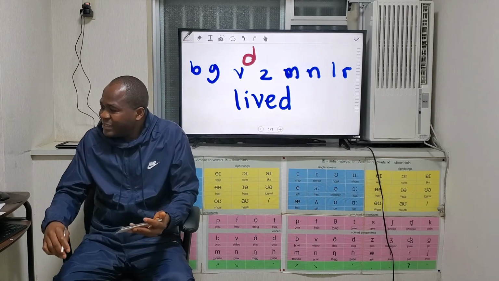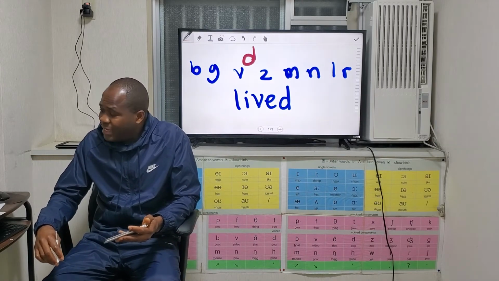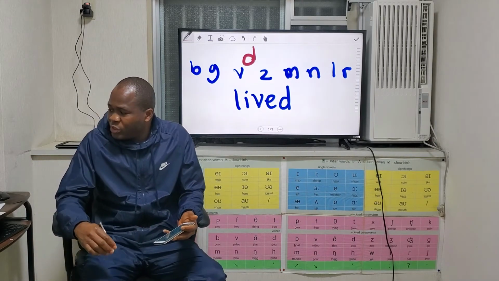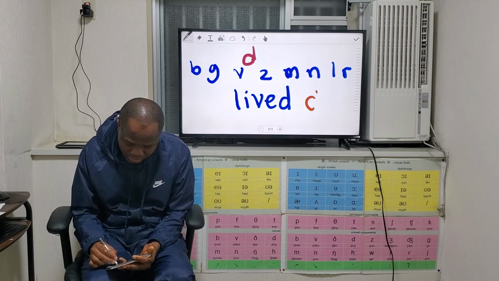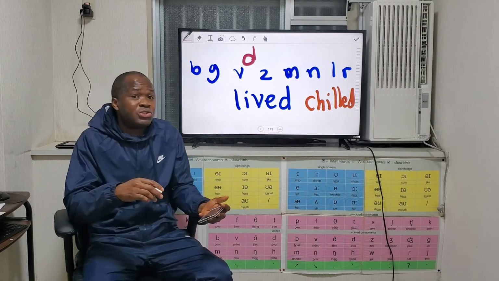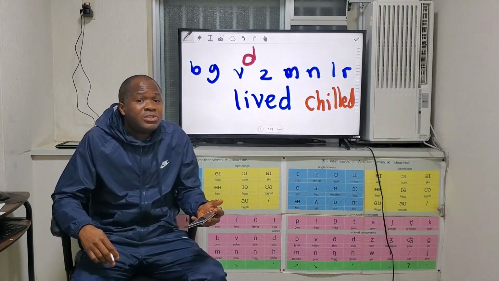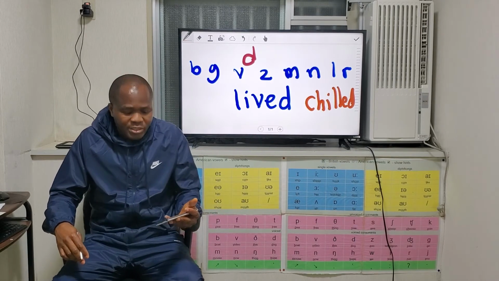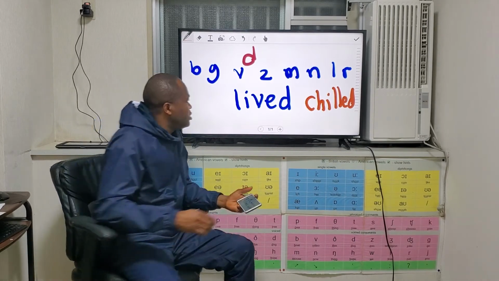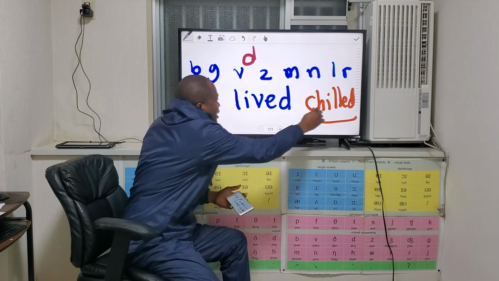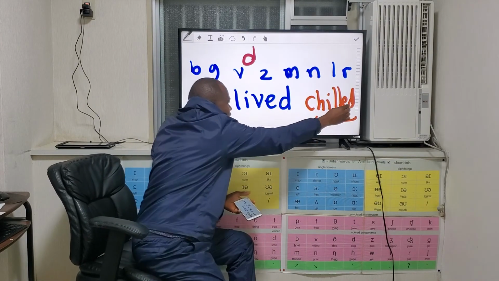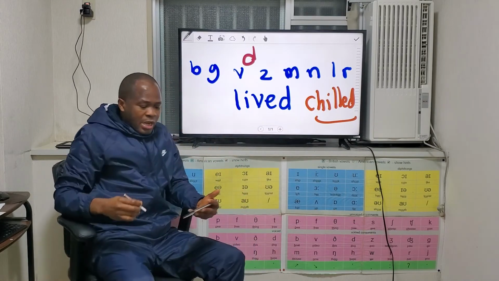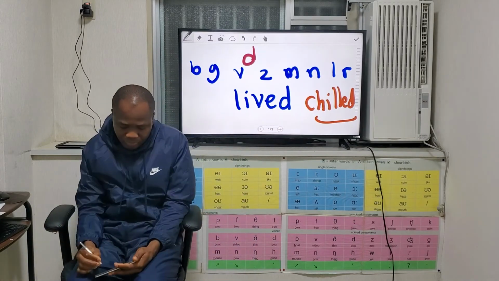Our second example is the word chilled. You can hear the sound. Chilled, lived, chilled, lived. Let's go to the last one.